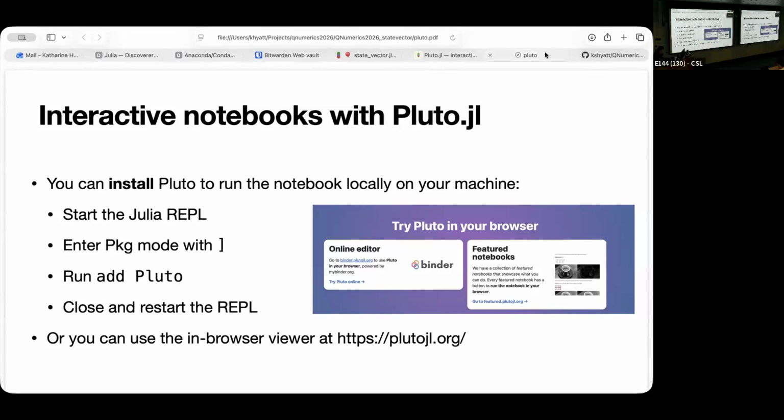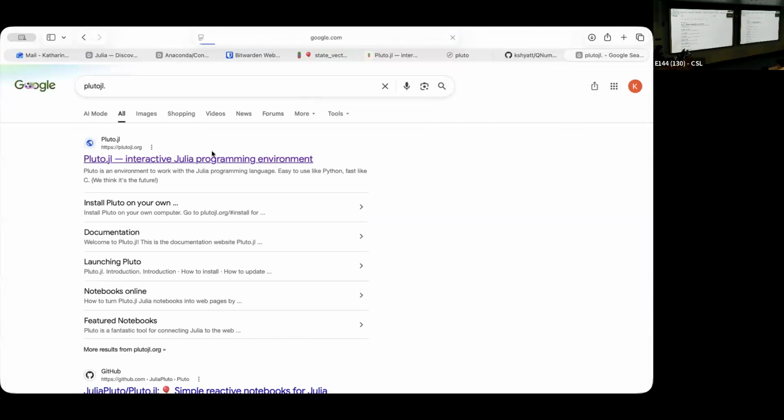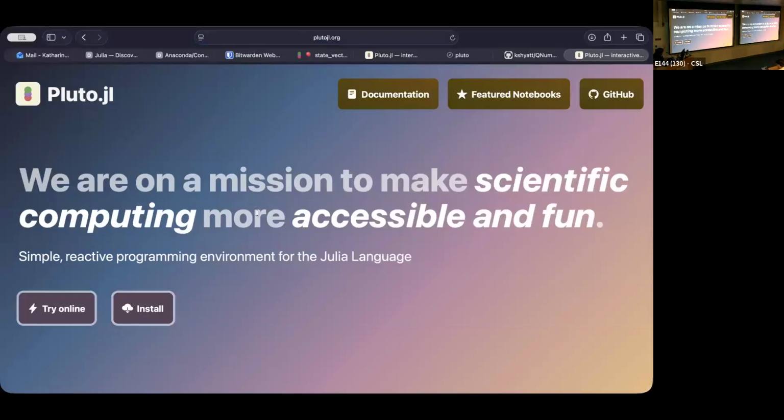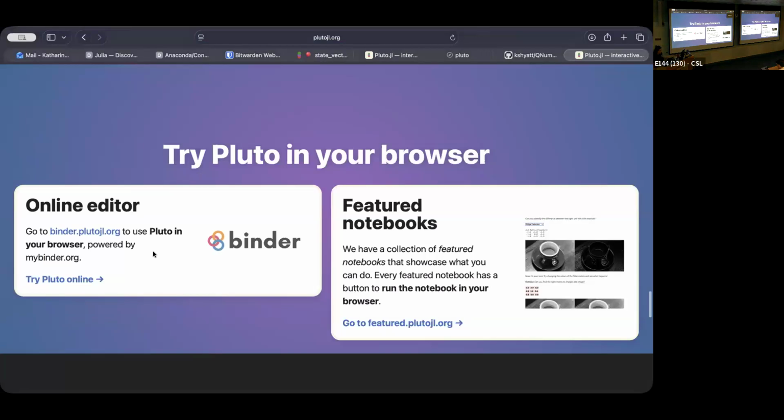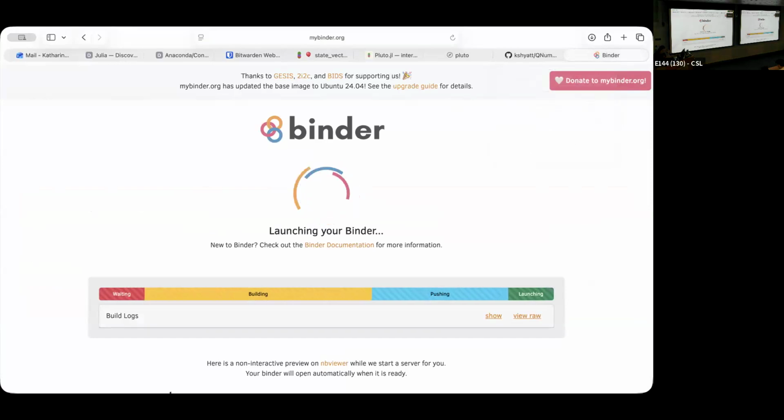Hold on. Am I allowed to go to new tabs? Yes. If you go to the Pluto site, there's a try online button, and you can try Pluto online. Although I actually am going to be using it locally. Then if you're in the Zulip chat, I will paste some links, which I just sent.